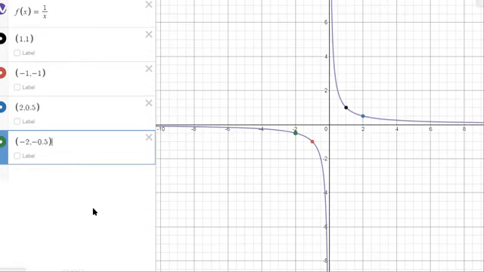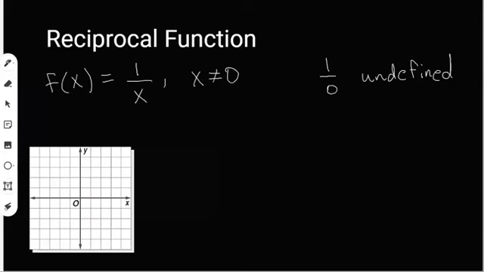It kind of looks like two U-shapes, right? It looks like two different U-shapes. They're just in different quadrants. And we can say these two U-shapes are directly opposite from one another. So let's go back to our screen. This is going to be two U-shapes. We call this a hyperbola.